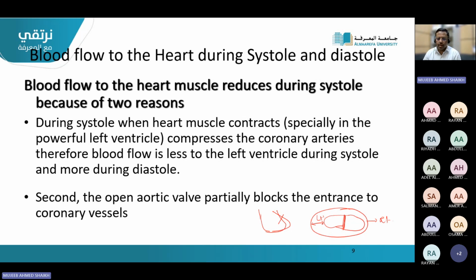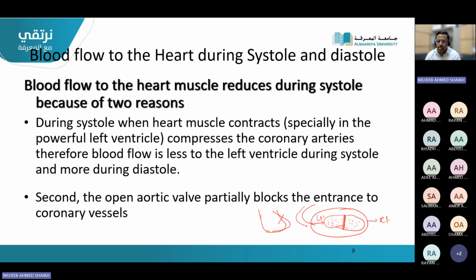So this is a thick muscle, and the blood supplies from outside to inside. There is blood in the cavity, but it is not utilized by the cardiac muscle. Blood has to go through the coronaries and then come from outside.